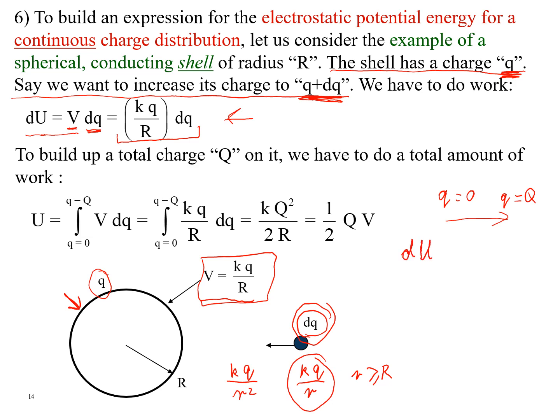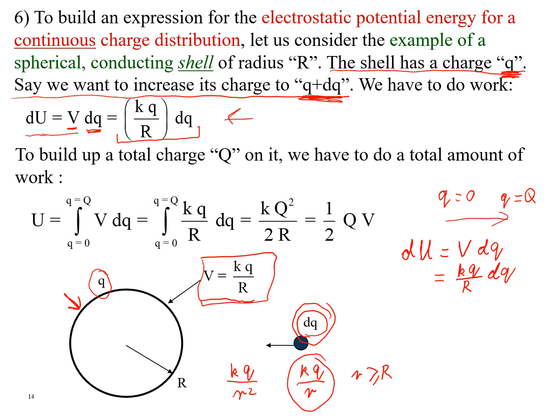So we have dU as being equal to the potential on the surface of the charge times dq, and we can express V as being equal to k times q divided by the radius of the shell, which is big R, times dq. And this is the infinitesimal amount of potential energy associated with increasing the charge on the surface of the shell from q to a value of q plus dq.